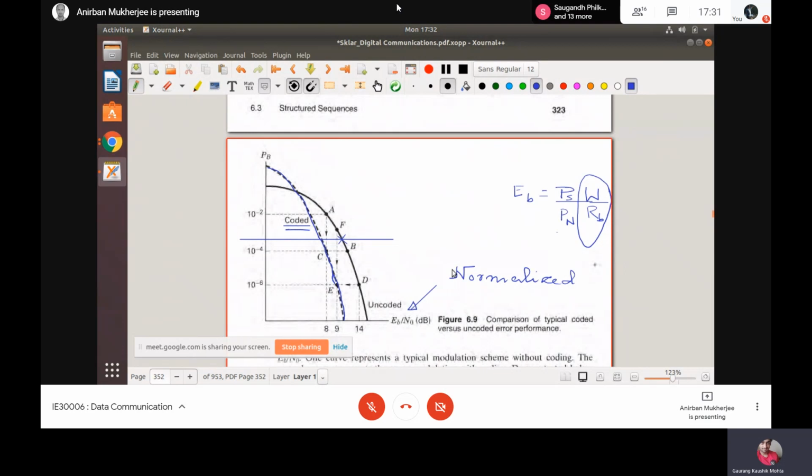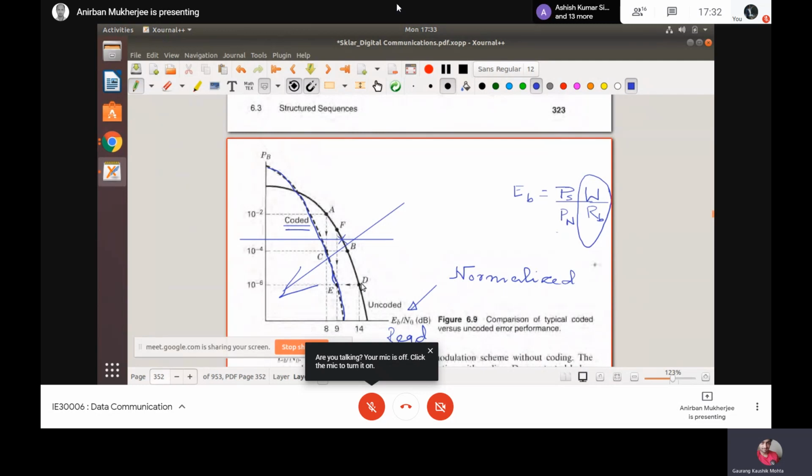Always remember, I want my curve to go in this direction. This is my desire. So the probability of bit error will also be reduced. Please remember, this is EB by N0 required. I want both EB by N0 to be on this side, and PB should also be low.